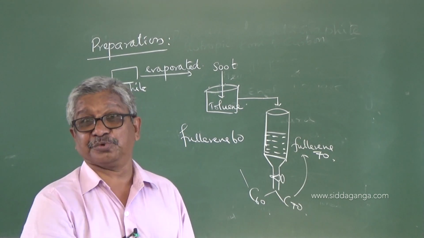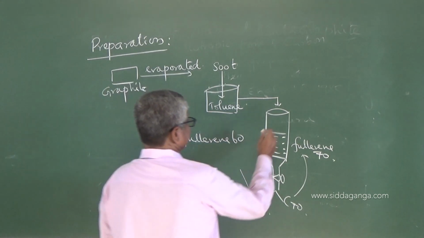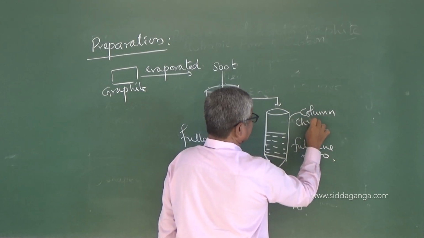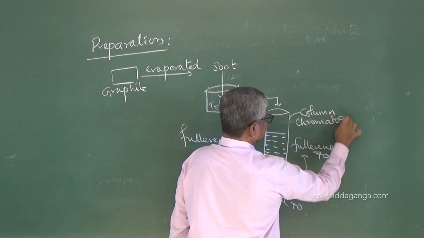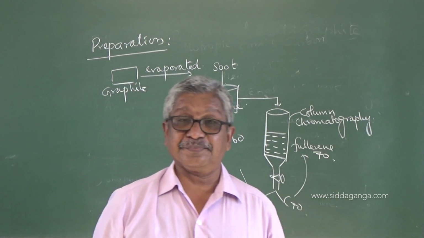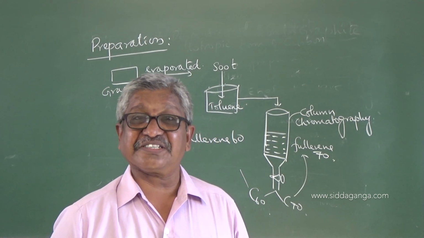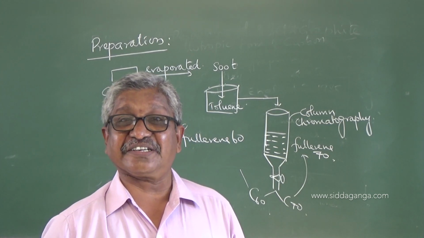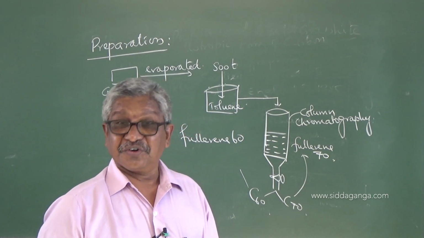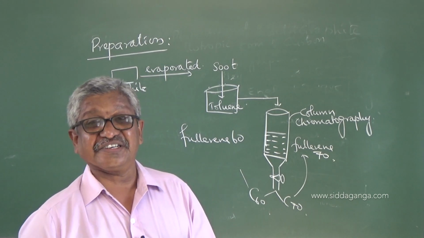The toluene-dissolved soot is passed through column chromatography, which gives two types of carbon: carbon 60 and carbon 70. Carbon 60 is also called fullerene 60 and carbon 70 is called fullerene 70.